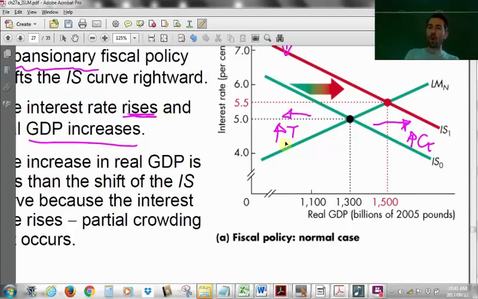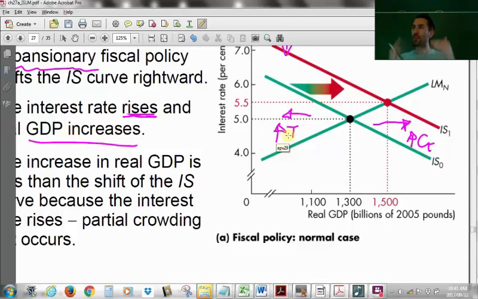So why would we call an increase in taxes contractionary fiscal policy? It's contractionary because aggregate expenditure decreases, right? It's contractionary because GDP decreases. It has a contractionary effect on the economy.